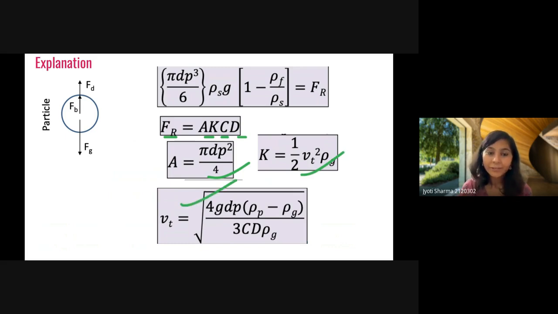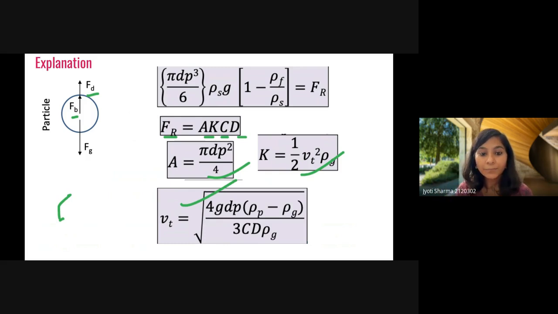It is a little trickier but very simple: we have some resultant force, and because acceleration will be 0, we are equating the things. So here we are equating that Fg is equal to Fb and Fd, and this is how we put all the equations together so that we will have this one.